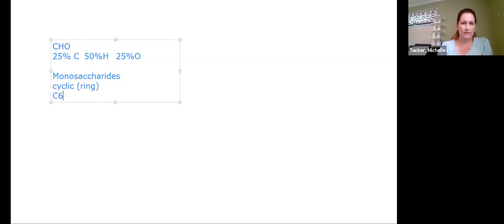And they have the formula C6H12O6. For those of you that may have had chemistry or something else, if you see the formula C6H12O6, does anyone know what that formula represents?